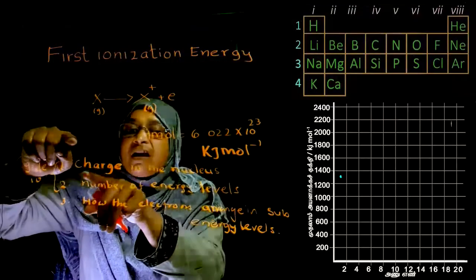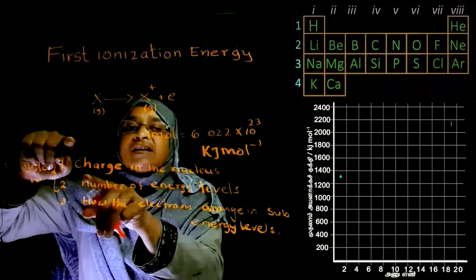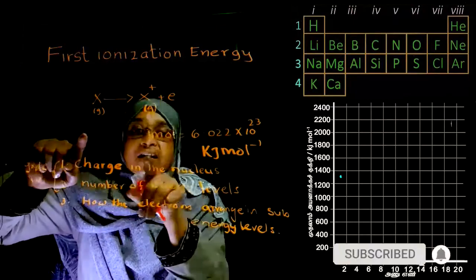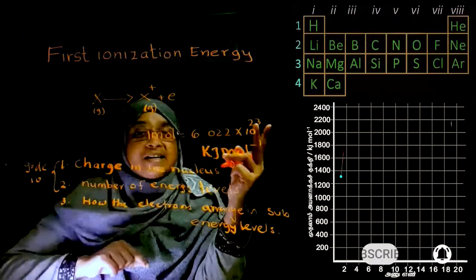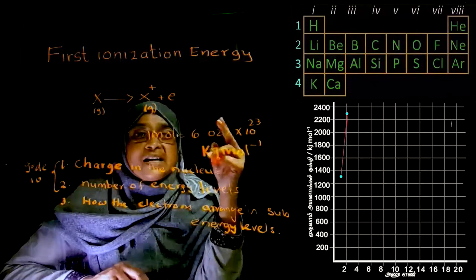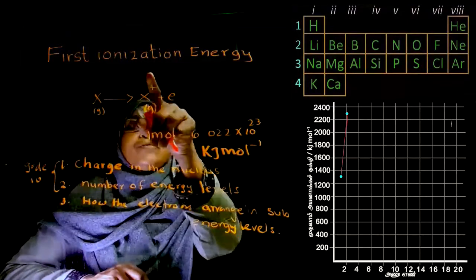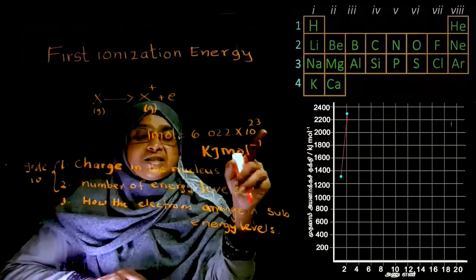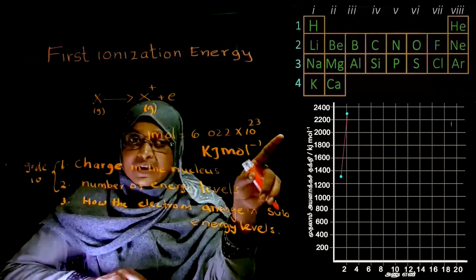So the charge in the nucleus is higher in helium, and helium gets the higher first ionization energy in the first period.